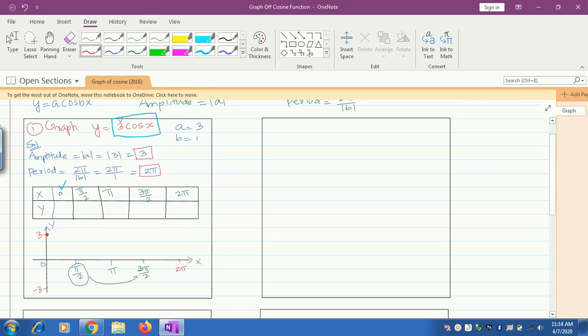And the next point, if I substitute pi over 2 in the cosine, it becomes 0. Just two points are enough to know the behavior of the graph. It will start with 3, then at pi over 2 it is 0, then minus 3, then 0 again, and here plus 3. So the graph looks like this.